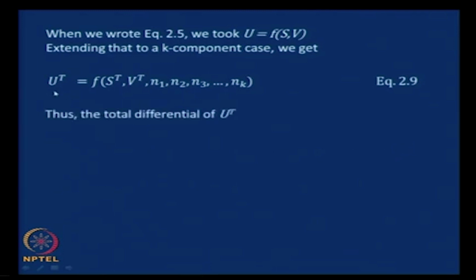Therefore the total differential of Ut, if you recall the way total differentials are written, is the partial differential of Ut with respect to St at conditions where the other variables are held constant, which is Vt, N1, N2, N3 all held constant, indicated by Ni being constant.